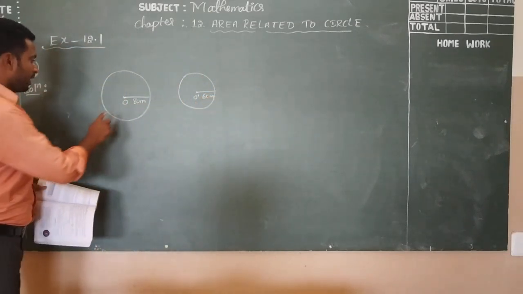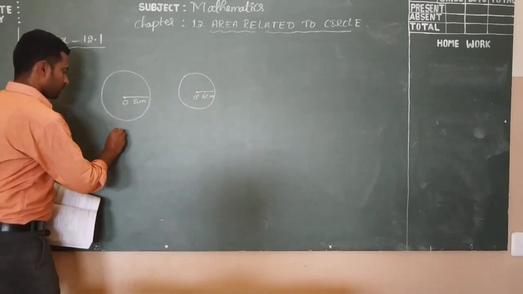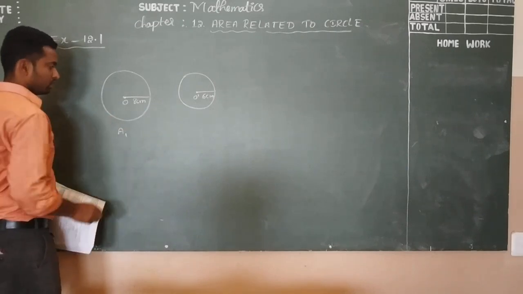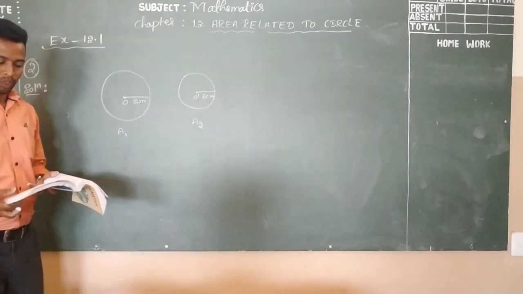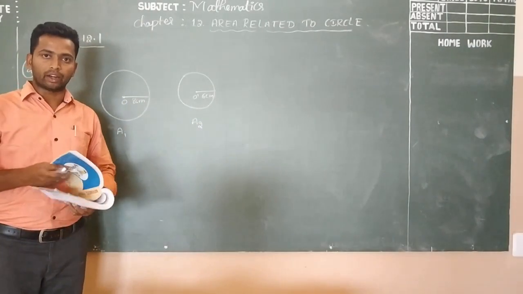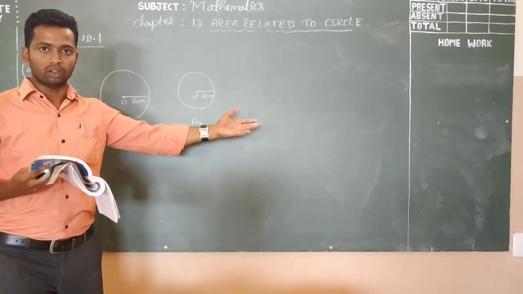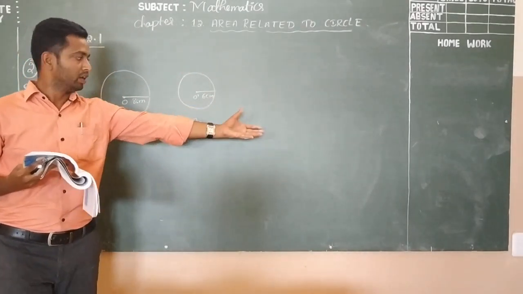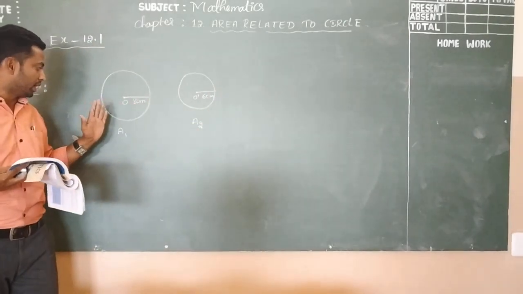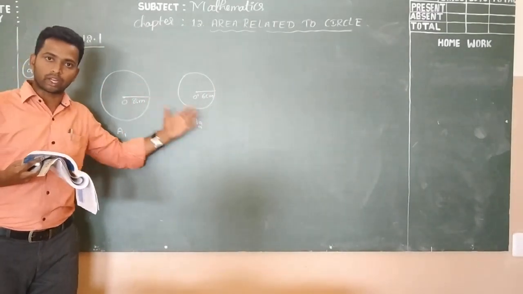Now the area of this circle is A1 and the area of this circle is A2. Now you have to calculate the radius of the unknown circle whose area is equal to the sum of the areas of these two circles.